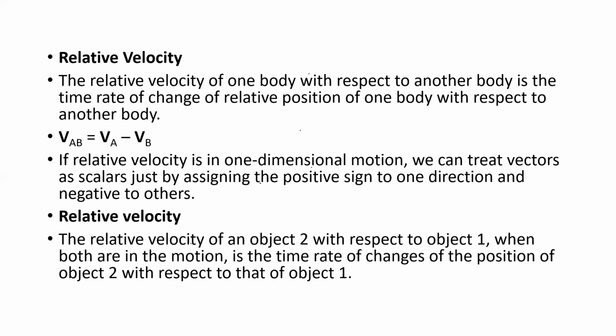Suppose there are two parallel roads and two cars are moving. The motion of one car we study with respect to the other. If two vehicles are moving, how do you say which vehicle is moving faster? By comparing their velocities, right? Therefore we say that the relative velocity of one body with respect to another body is the time rate of change of relative position of one body with respect to the other body.